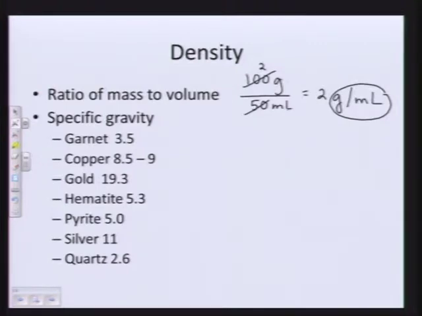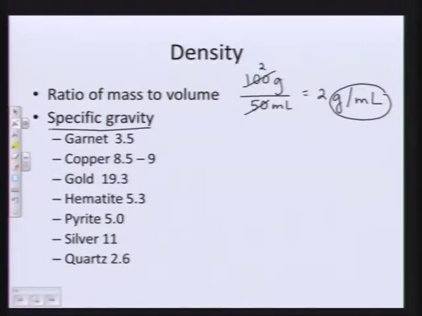Density is also called specific gravity. It's just another name for it. And I've listed the specific gravity or density for several different minerals. You can find tables with a more exhaustive list, but this just gives you an idea of the density of some different minerals.